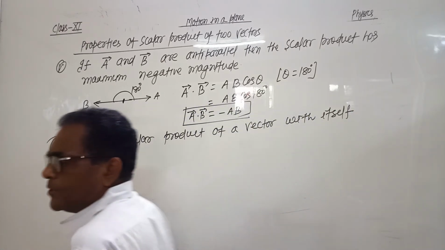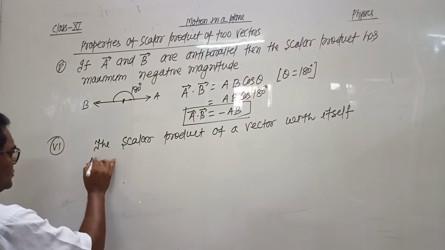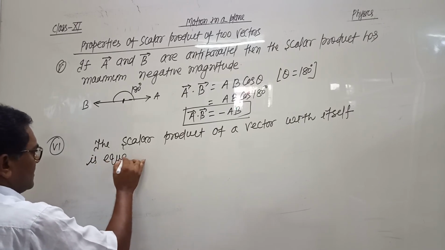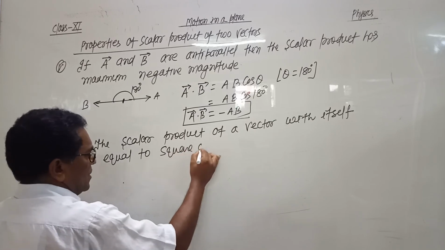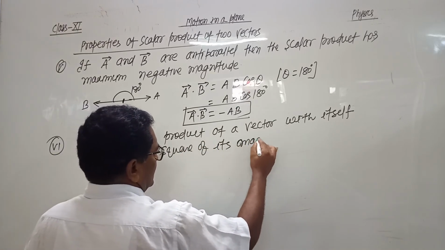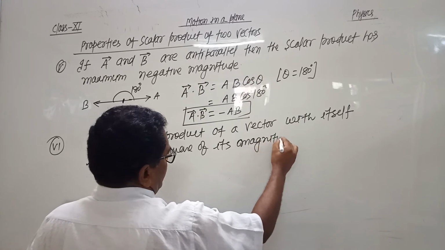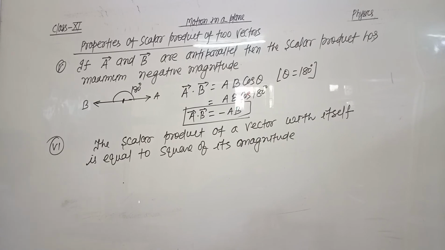The scalar product of a vector with itself is equal to the square of its magnitude.